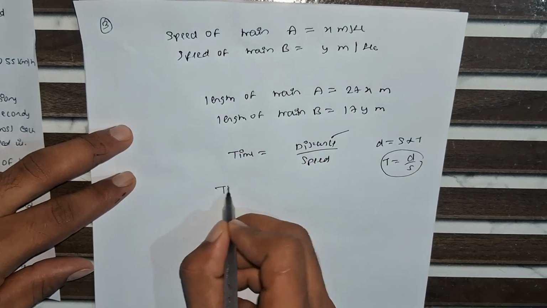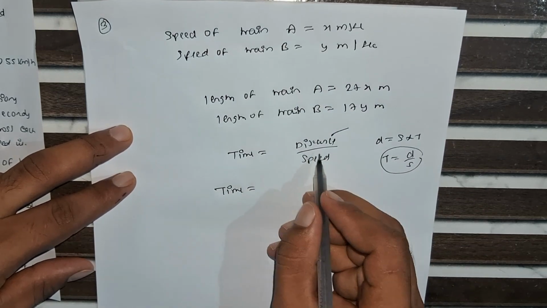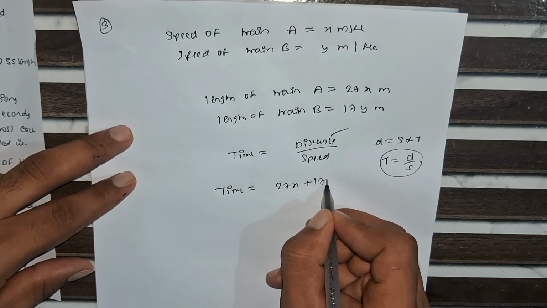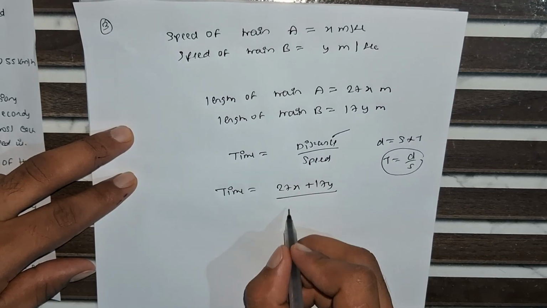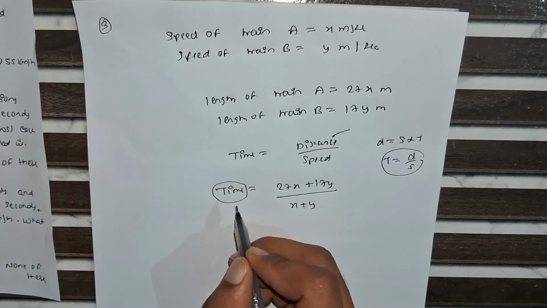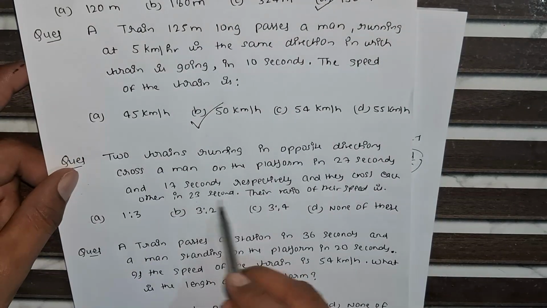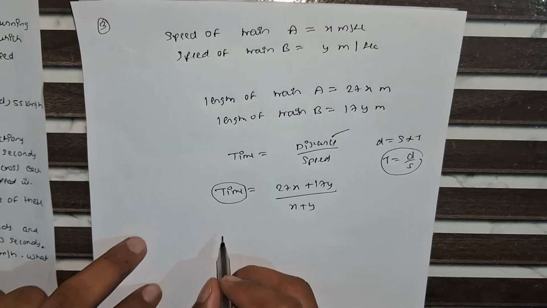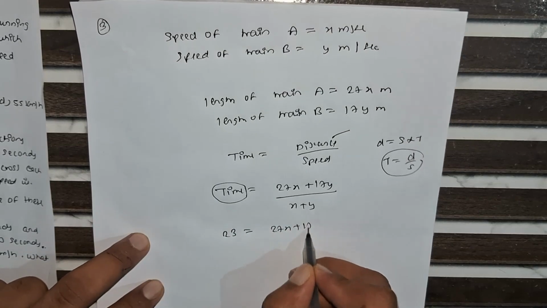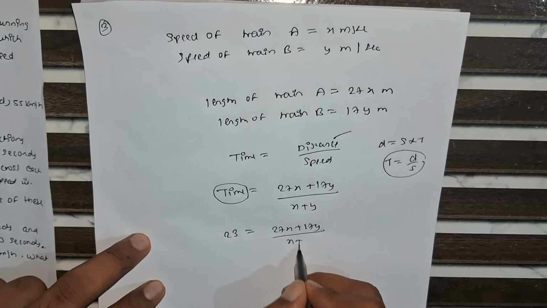So time equals distance, which is 27x plus 17y, divided by speed, which is x plus y. And what is the time given in this question? Here 23 seconds is given. So 23 is equal to 27x plus 17y divided by x plus y.